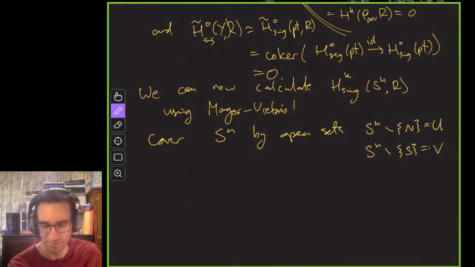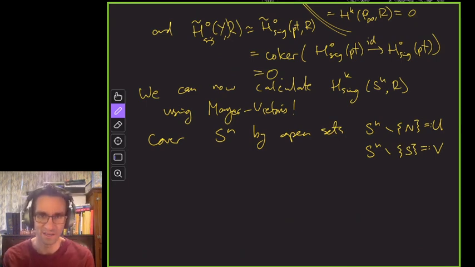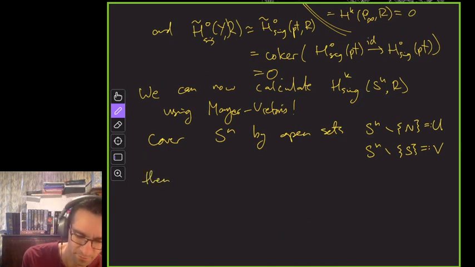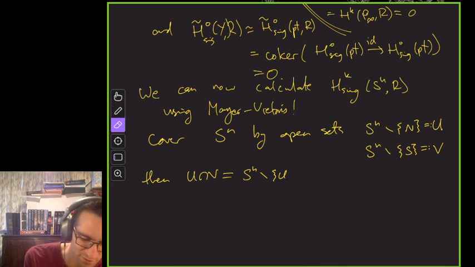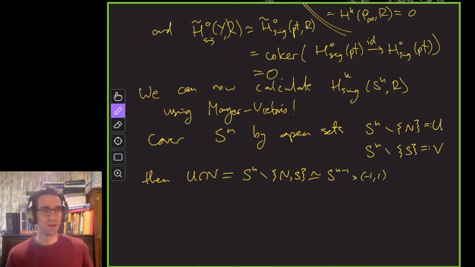So these are open subsets, and their union is all of the n-sphere, because N and S are different. Then U intersection V is the n-sphere minus both the north and south poles, which we know is homeomorphic to Sn-1 times some open interval.